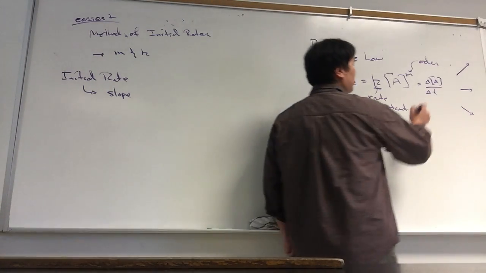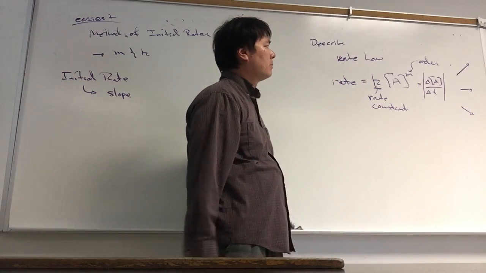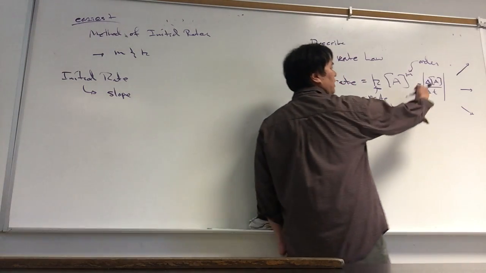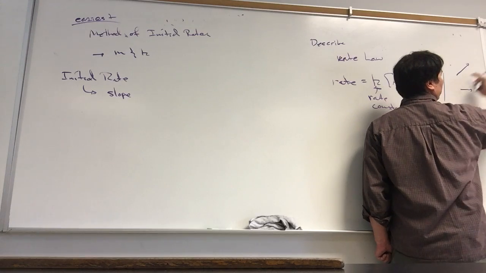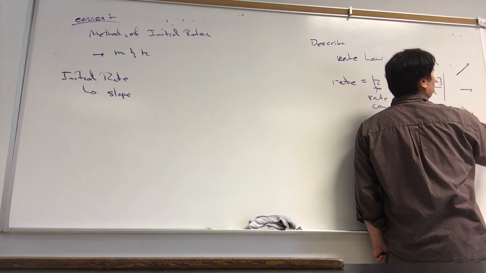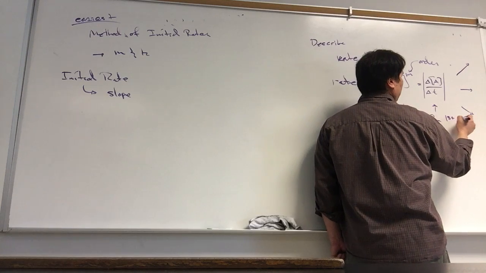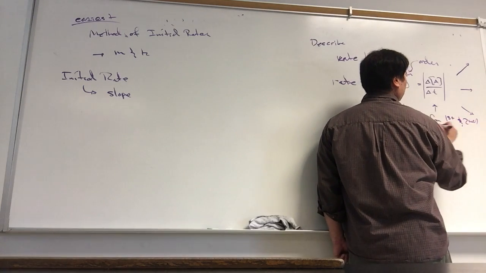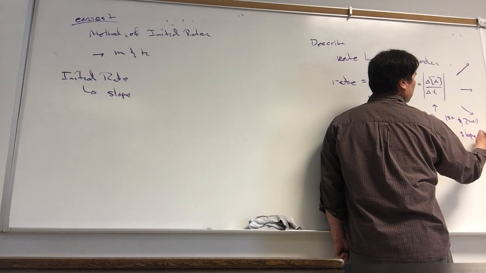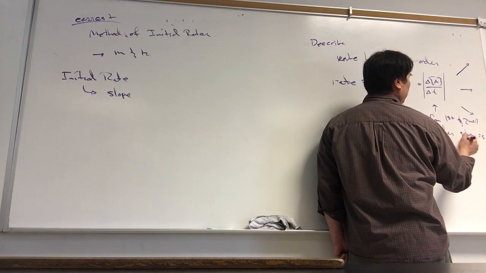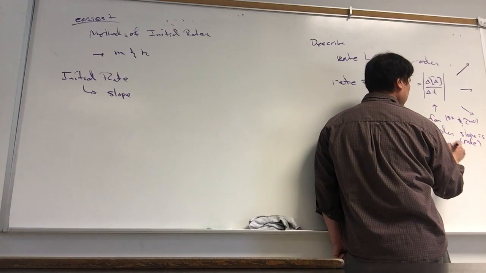So what we do is we take the absolute value of that. The slope, delta A over delta t, is constant for zero order, but the slope is always changing for first and second order. For first and second order, slope is continuously changing, so the rate is continuously changing.